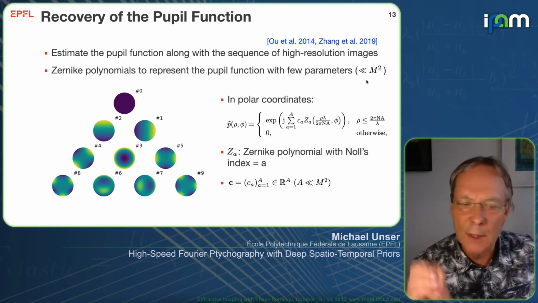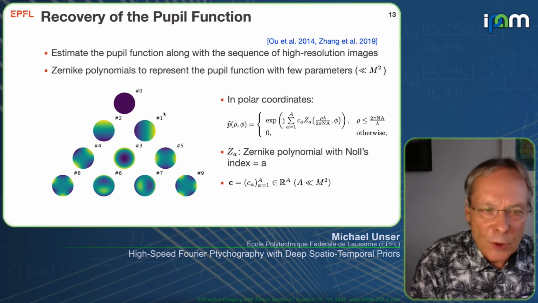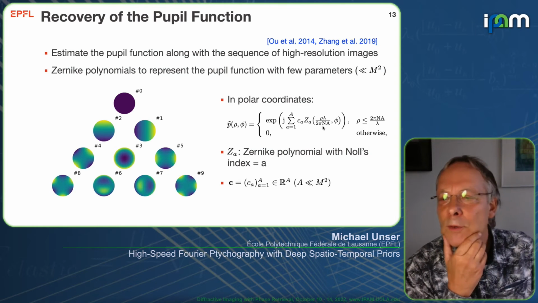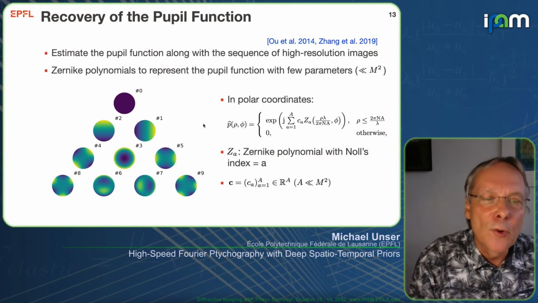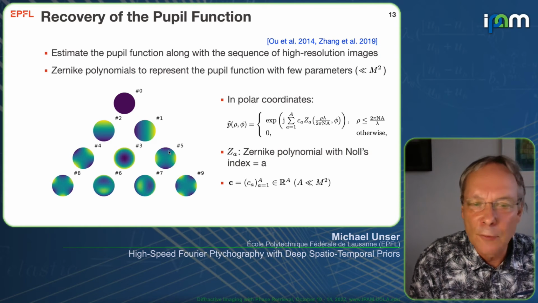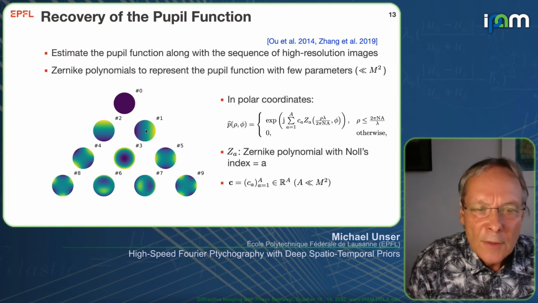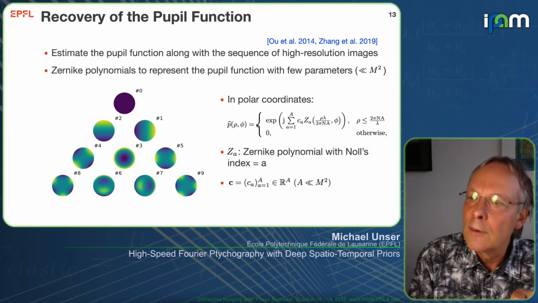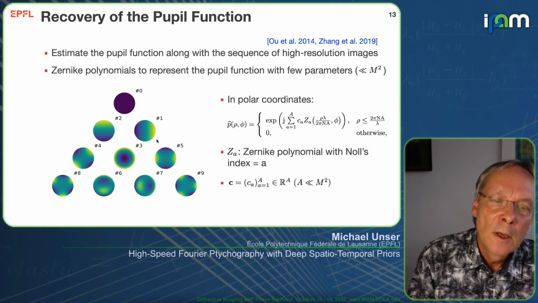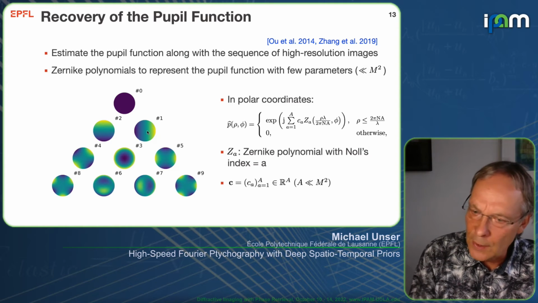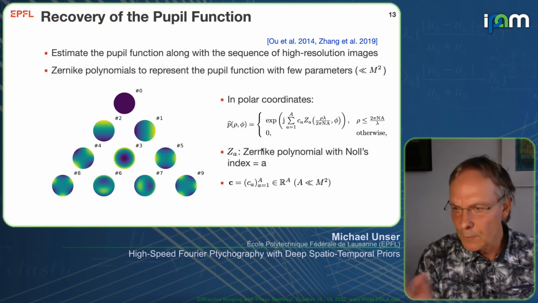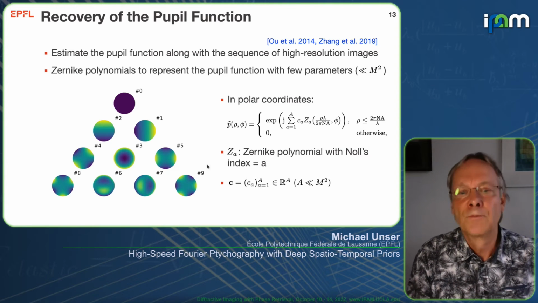Typically, we're using 9, which are represented here, the lower order Zernike polynomials. Those Zernike polynomials are separable in rho, which is the radial frequency, and theta, which represents the phase, the direction.